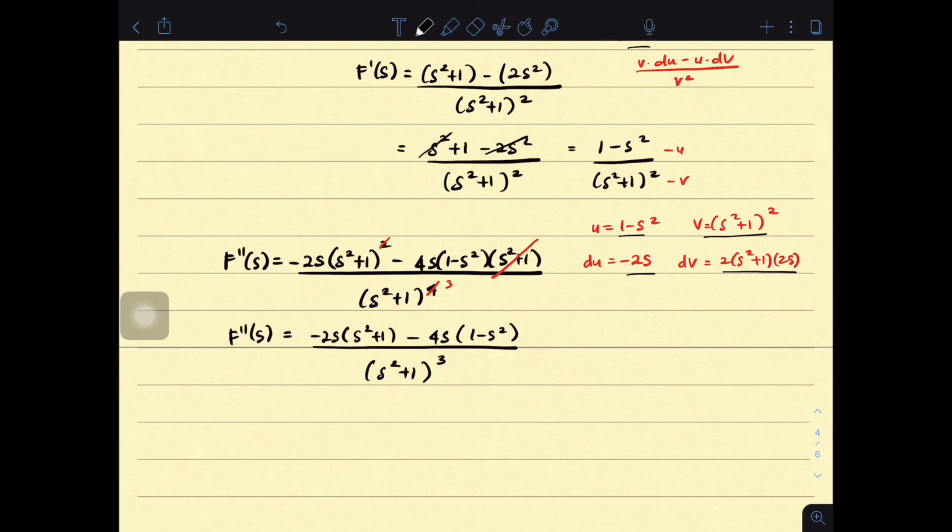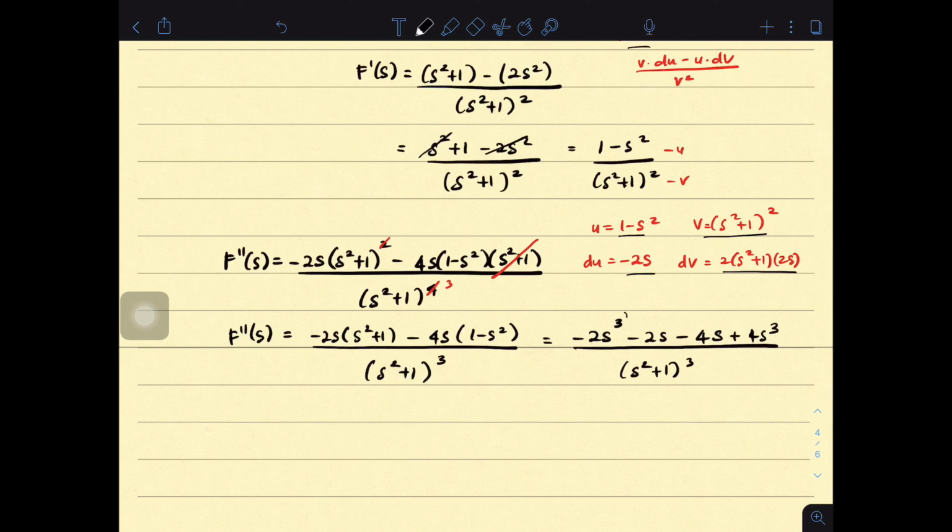Okay, so let's simplify what we can simplify here. If we expand the numerator, you will get negative 2s to the power of 3 minus 2s minus 4s plus 4s to the power of 3, and in the denominator we keep (s squared plus 1) to the power of 3.